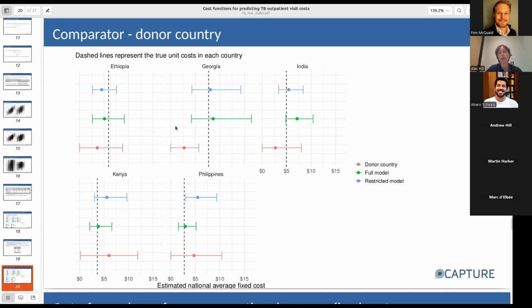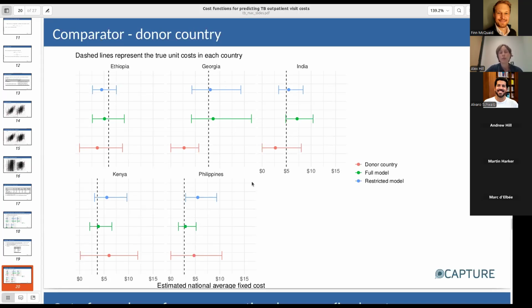I think the contrast here is quite interesting, because the model was very well able to recapture the average cost in Georgia, even though there wasn't a good suitable donor country in the data set. That was quite encouraging, actually, that the models can extrapolate well to new settings, even where the training data is different.